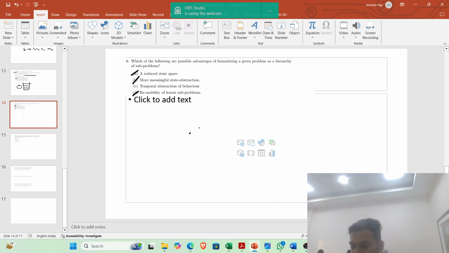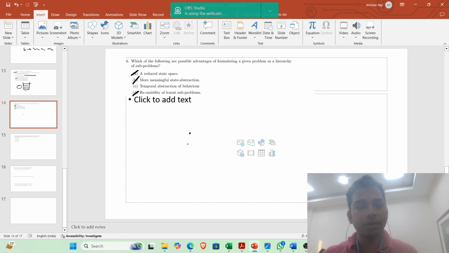And the meaningful state abstraction, what it means is that you can encounter more than one stage at a time, with more meaning attached to those transitions.